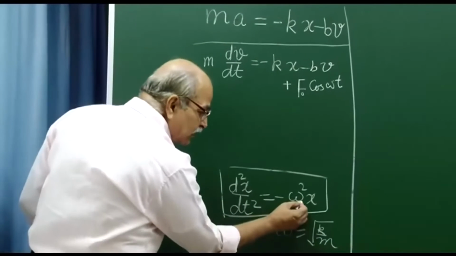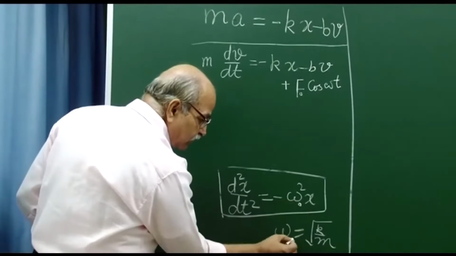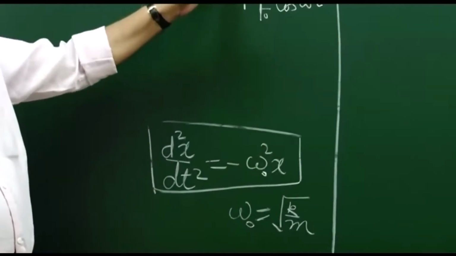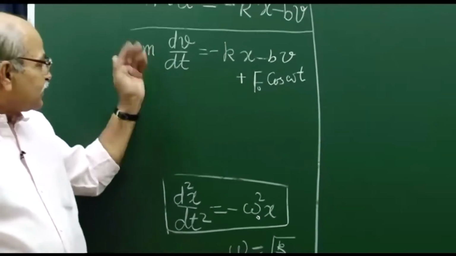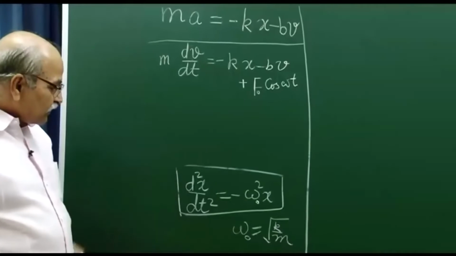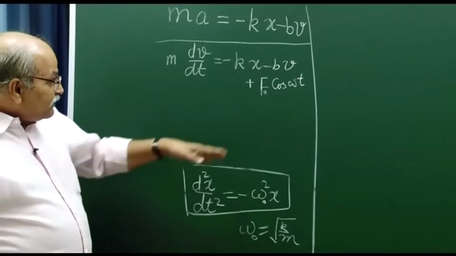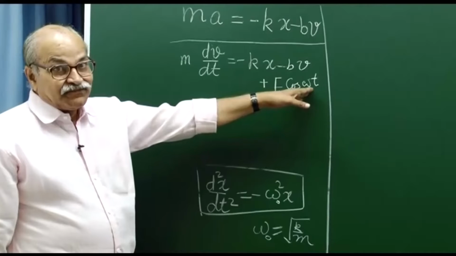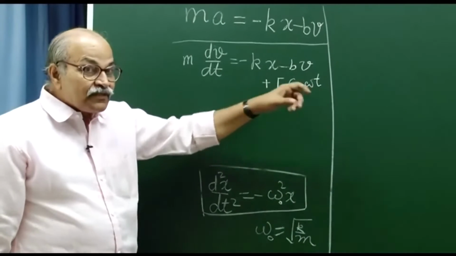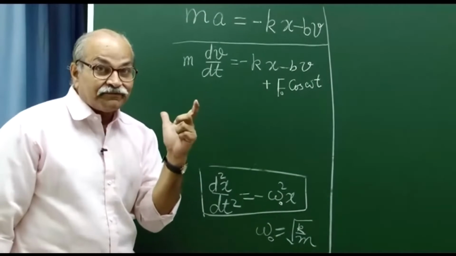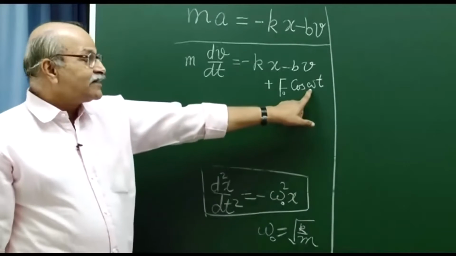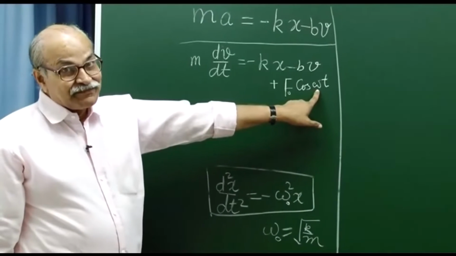Let me write it omega naught. Your omega naught is square root of k by m, the restoring force constant and the system's mass. Together with this you have another omega coming in, and this is the omega which I can control. If I am applying that periodic force, I can decide what this omega should be.